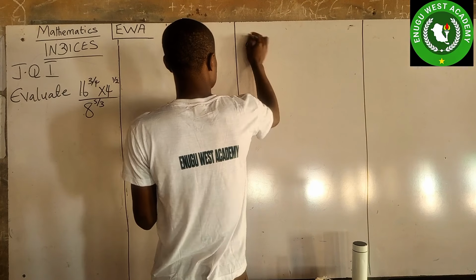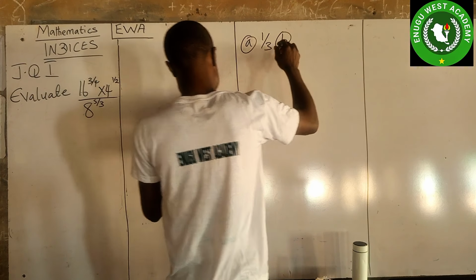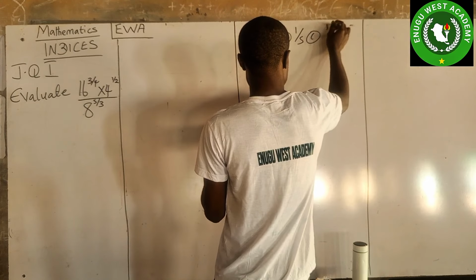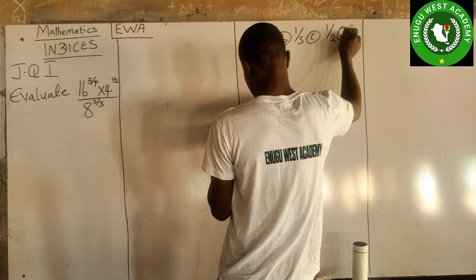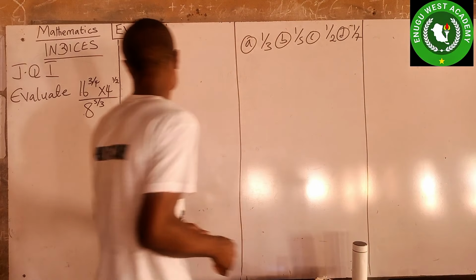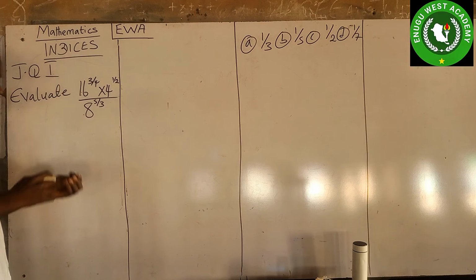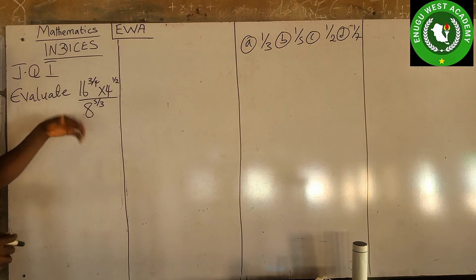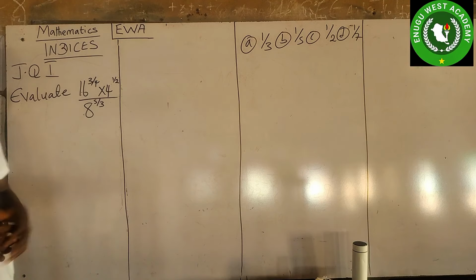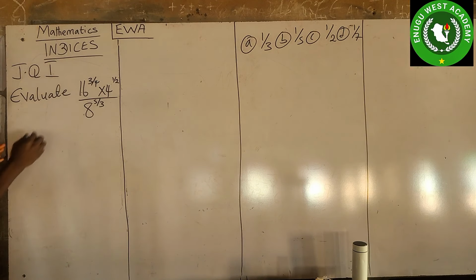A is 1 over 3, B is 1 over 5, C is 1 over 2, D is 1 over 7. So we are asked to evaluate 16 raised to power 3 over 4 times 4 raised to power 1 over 2 over 8 raised to power 5 over 3. Now this is very simple. Now, solution.